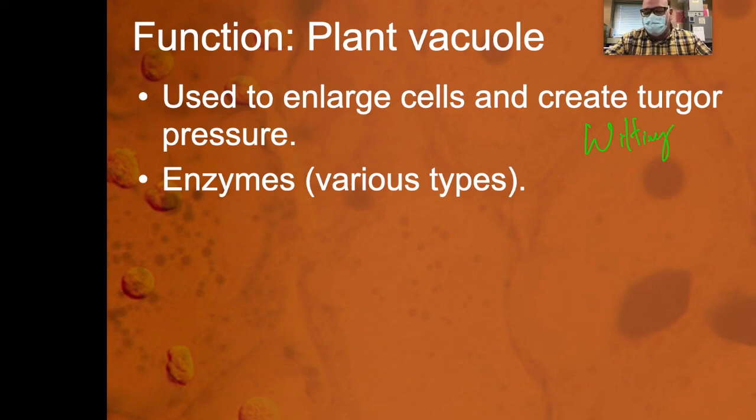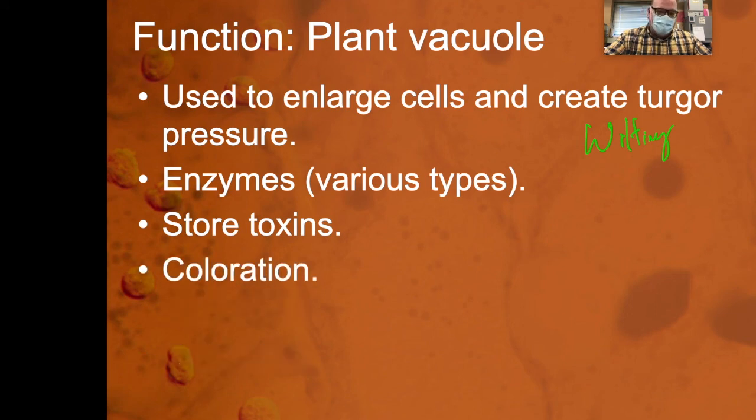That's supposed to say wilting, but it didn't come out very well. If the plant's exposed to toxins, it can also isolate them in there. We're getting into some pretty specialized functions here. And like we said, it can be used for coloration.